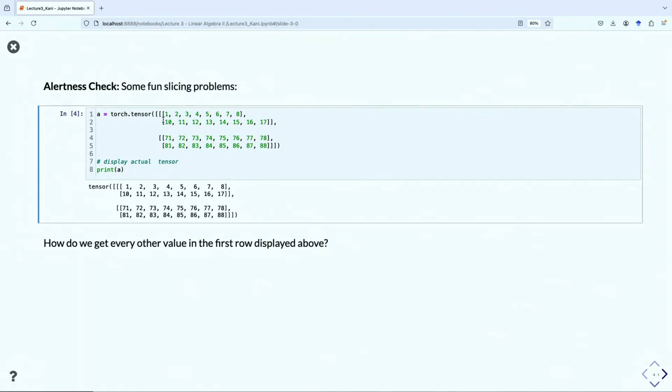So if we want to slice this up in a way that we end up with a tensor that is 1, 3, 5, and 7. Okay, every other value in the first row. Any ideas?